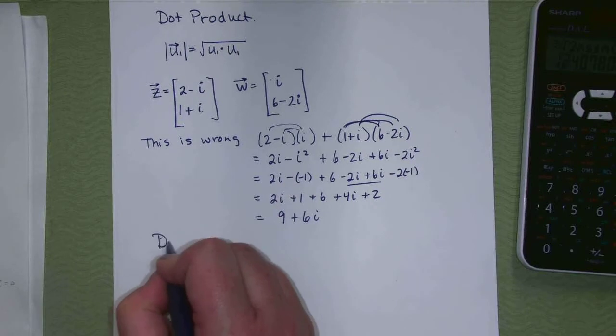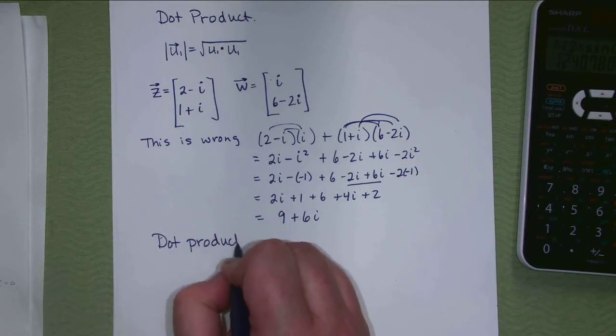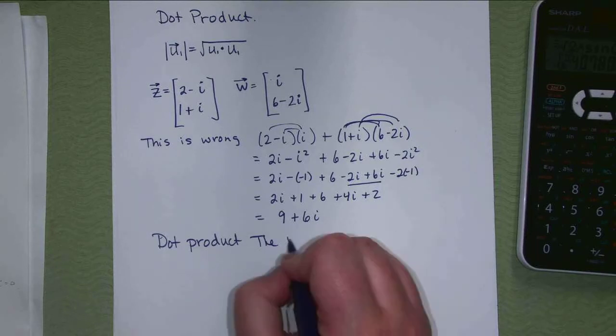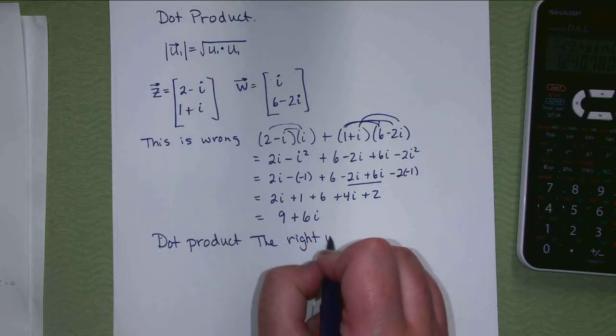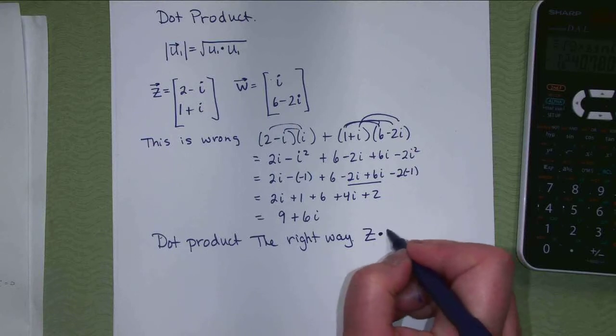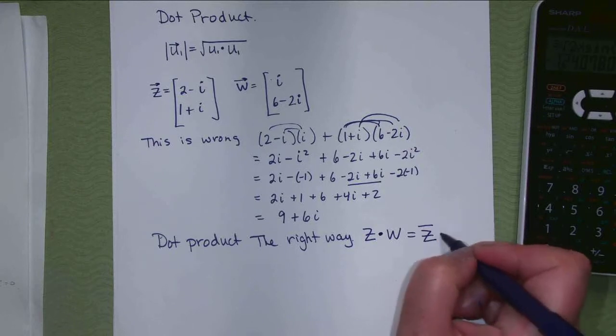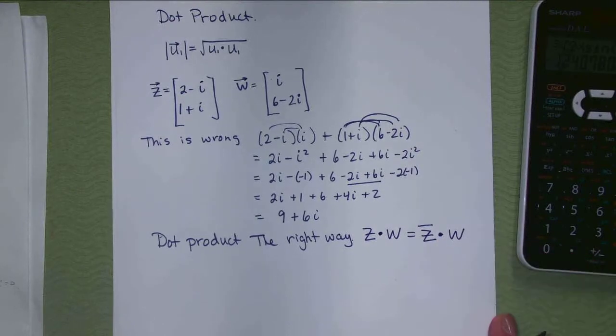The dot product in complex numbers is z dot w, and in the complex plane would be z bar dot w. We have to change one of them.